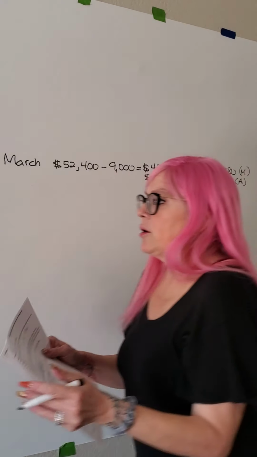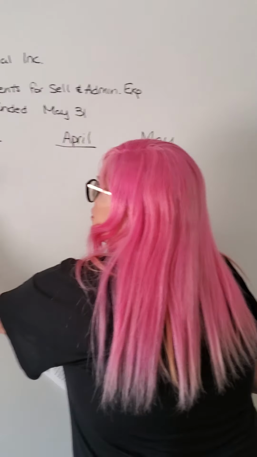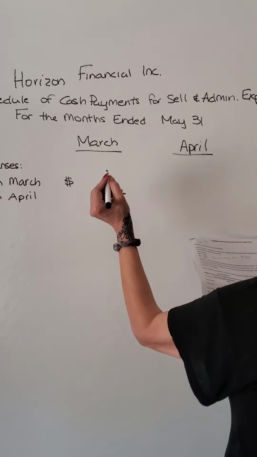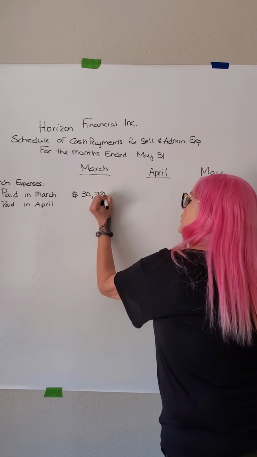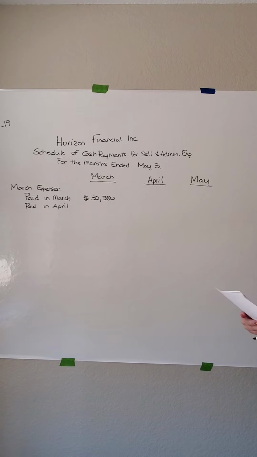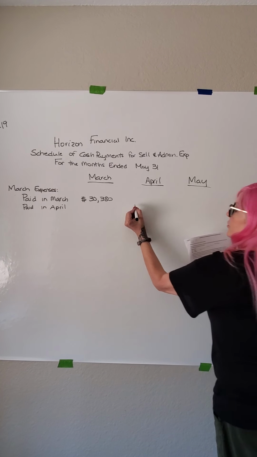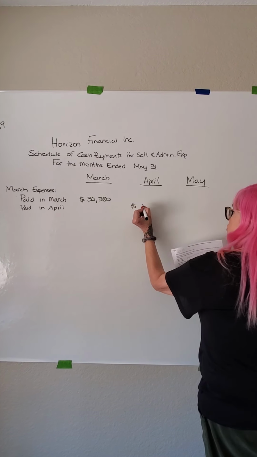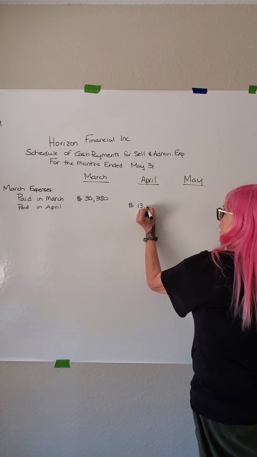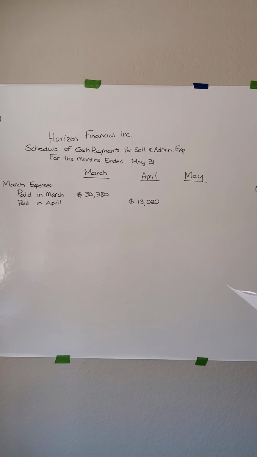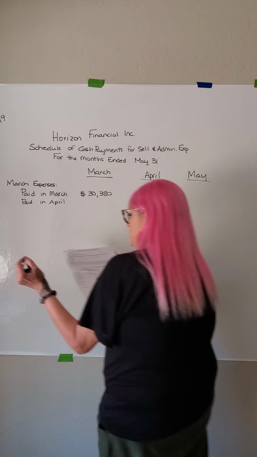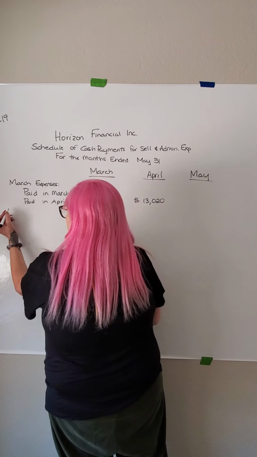So over here, I'm going to put in March the $30,380 I'm going to pay in March, and then I'm going to pay $13,020 of those March expenses in April.